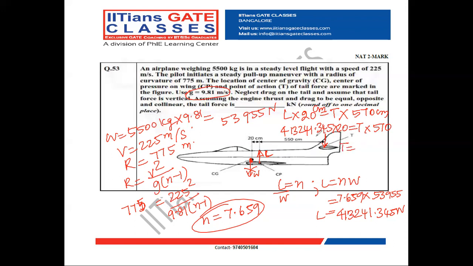If I take 570 to the other side, I get tail force as 14,499.696 Newton. If I round off to one decimal place, that is 14499.7 Newton. This is my tail force.